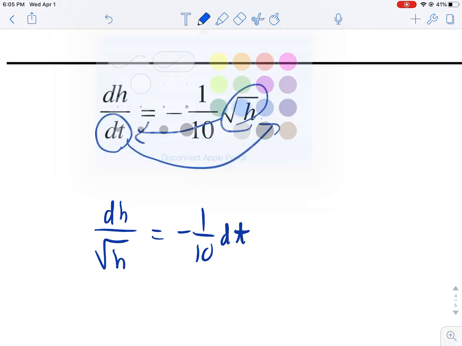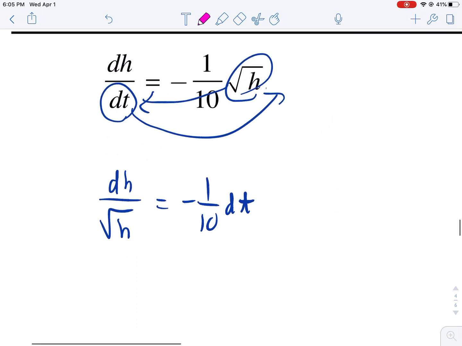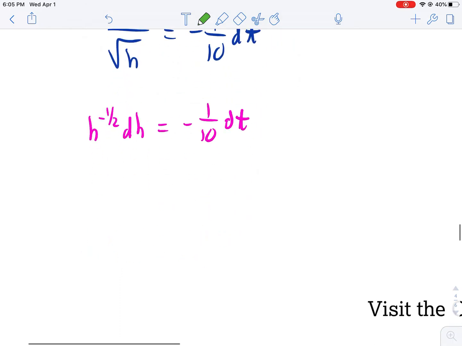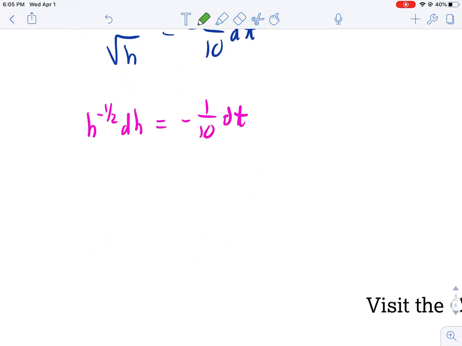Okay, so we separated the variables. Now we can write this left side in a much nicer way, where it's h to the negative 1/2 dh equals negative 1/10 dt. Now you find the antiderivative of both sides. Power rule over here gives us 2h to the 1/2 equals negative 1/10.